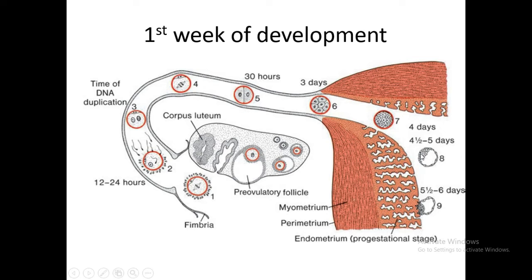It is composed of 3 parts: the inner cell mass, the outer cell mass, and the blastocyst cavity. Around the 5th to 6th day, the blastocyst implants into the uterine endometrium, which is known as implantation. All these events occur during the first week of development.